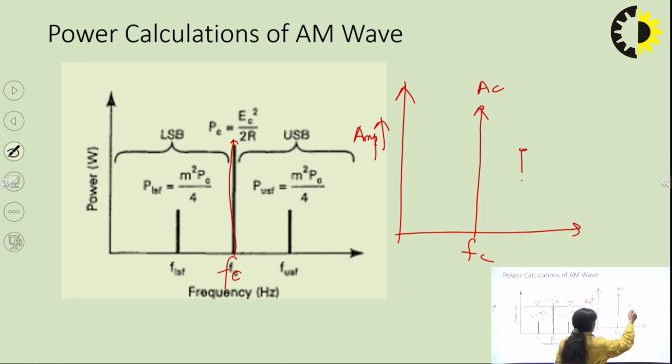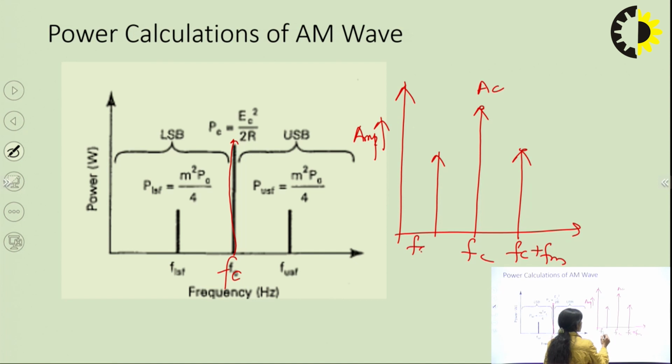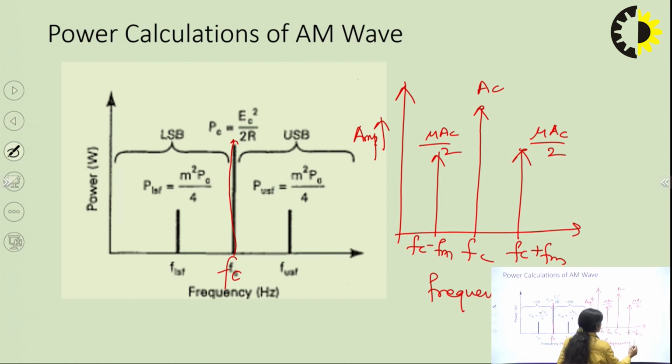The upper band is called Fc plus Fm, and the lower sideband is called Fc minus Fm, and these 2 have the same amplitudes, mu Ac divided by 2. This is the frequency spectrum of the amplitude modulated wave.